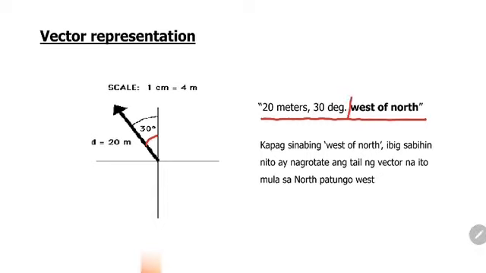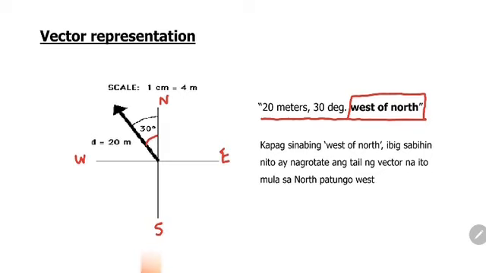Bakit po west of north? Paano ko sasabihin na yung isang vector ay west of north, south of west, south of east, etc.? First, take a look at the angle. Nasaan siya sa pagitan? In this case, nasa pagitan siya ng north. Yung angle na nasa pagitan ng north at saka ng vector, di ba? This is the south, this is the east, and this is the west.